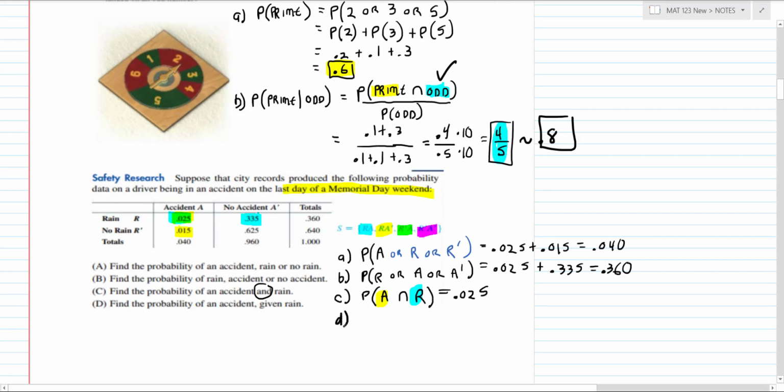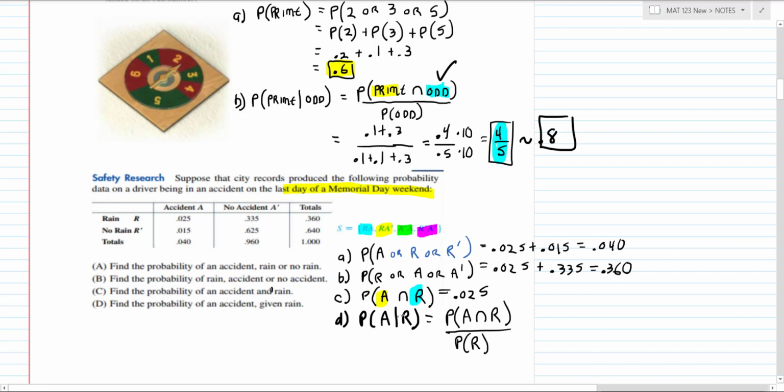Okay, and then the next one is the probability of an accident given rain. Okay, so this is where we now have to put together our formula here. So let's write down the formula. You would have to do the probability of being in an accident and it raining, which we just did in part C, divided by the probability of rain.